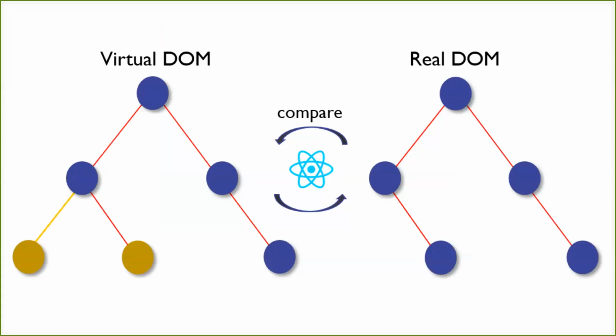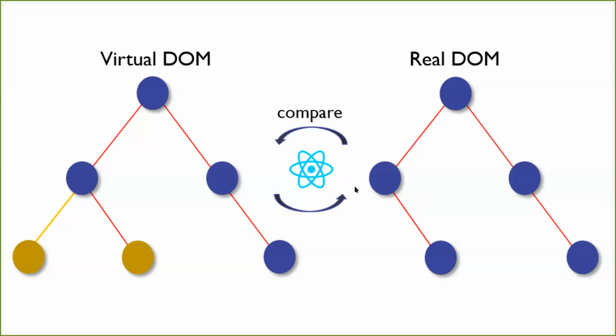So the overall picture that I got after reading a few things is that you have a real DOM, you have a virtual DOM, and what React does is, for any updates that take place, they are first reflected in the virtual DOM because the virtual DOM can be easily manipulated. It is not that expensive, and when a certain number of updates have been made on this virtual DOM, all of these are batched together and applied to the real DOM, and it takes fewer operations as compared to simultaneously updating the real DOM.